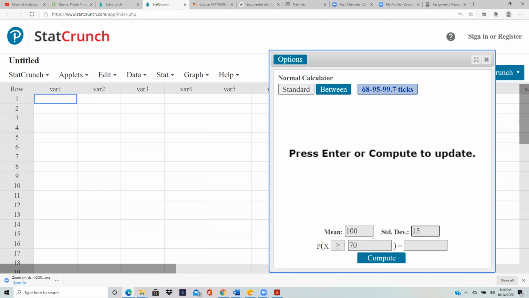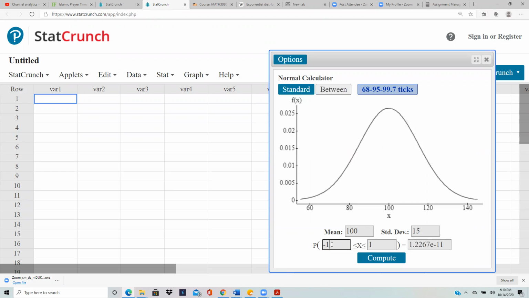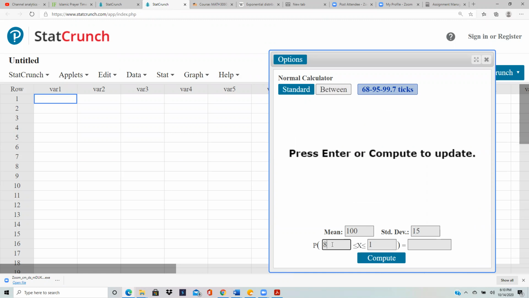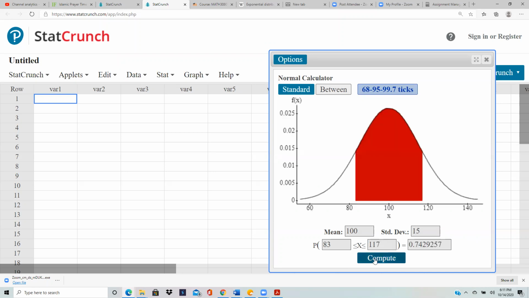And they wanted between 83 and 117, so I do the between. Once again, in a continuous distribution, you don't have to worry about whether the endpoints are included or not. It's the same. 0.7429.